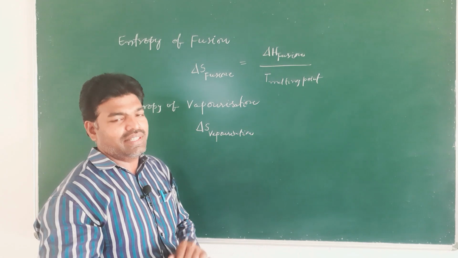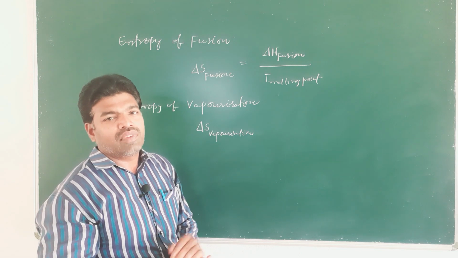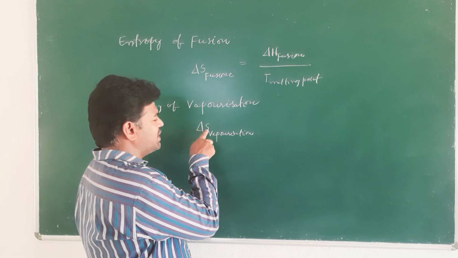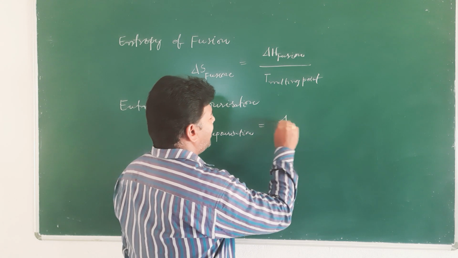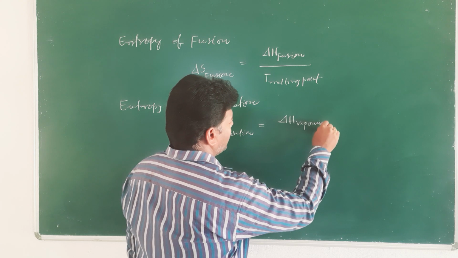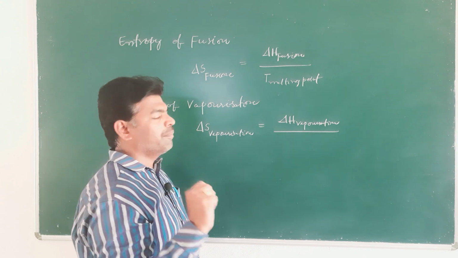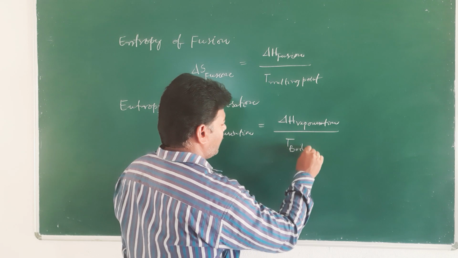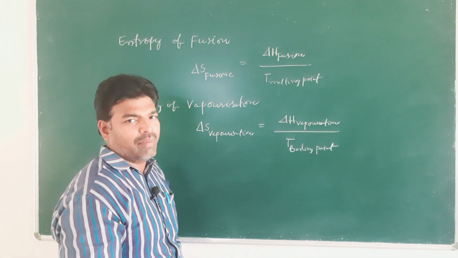So delta S vaporization can be calculated using delta H vaporization, that is, the heat involved during vaporization, divided by the boiling point temperature, since vaporization takes place only at the boiling point.